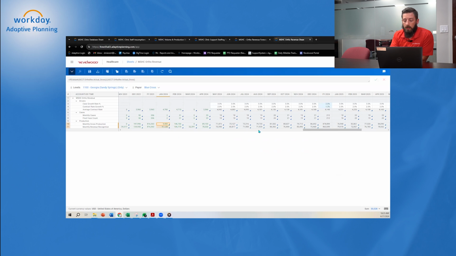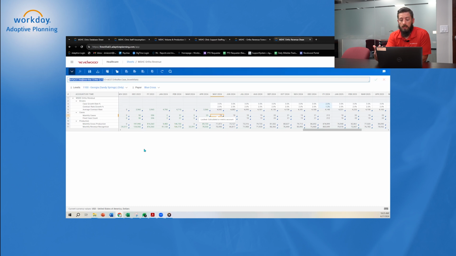Now, how we're getting there from a high level is we're looking at prior 12-month average contract rates. We're applying a specific rate growth on top of that case rate. Same thing with monthly cases. We are looking at a trending history of what my last 12 months were. Now, for your situation, that may be the last 3 months.